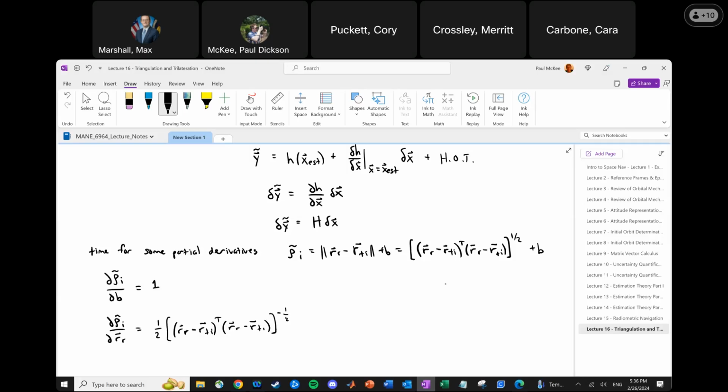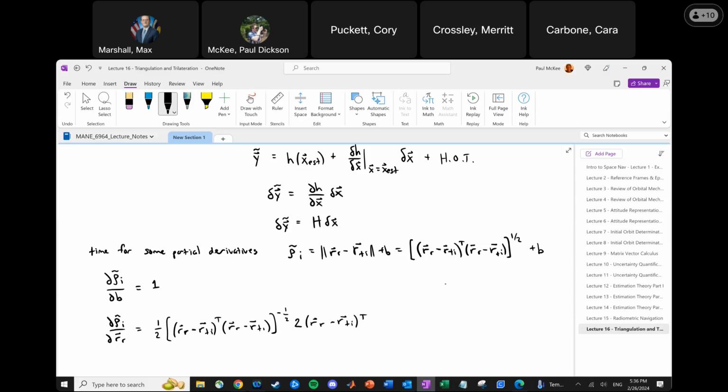And then we take the derivative of the interior. The derivative of the interior with respect to r_R would be 2 times r_R minus r_ti transpose.